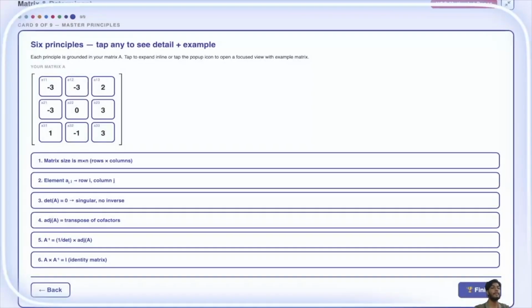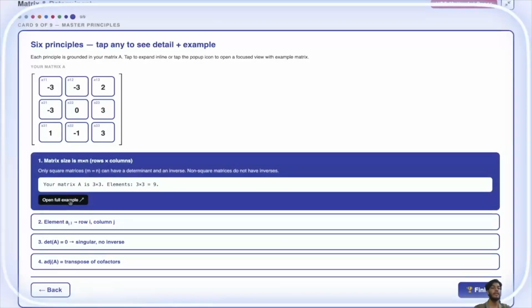Okay, next. Sixth principle for matrix. Matrix size is m times n. When I ask you about the size of a matrix, you just have to say the row number and column number of the matrix. Like if the matrix has 3 rows and 3 columns, then you say the matrix size is 3 by 3.